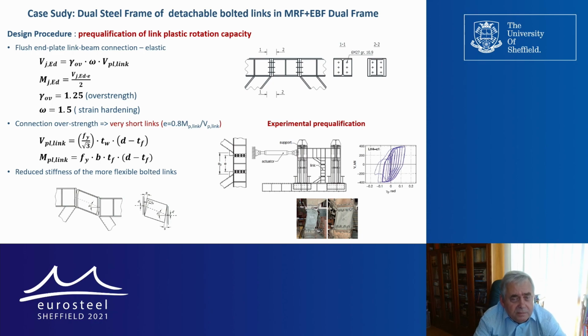A problem which is important, as you can guess, is the link. The link must be really short in order to develop particularly mostly shear strength, because in case if they are bending, it will be difficult to be, let's say, removed.